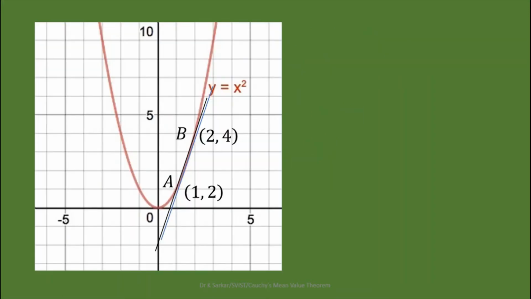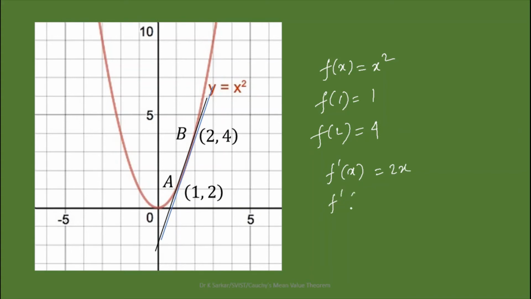Let us try to understand the question in the diagram. Here is the function y equals x squared, and this is the point A where x equals 1, and this is the point B where x equals 2. So for the function f(x) equals x squared, f(1) is 1 and f(2) is 4. f'(x) equals 2x, f'(c) equals 2c.